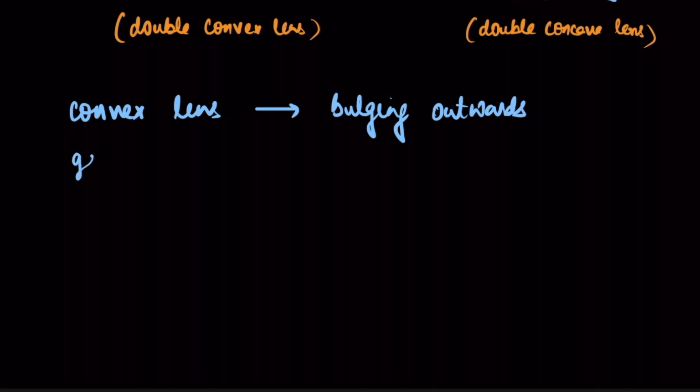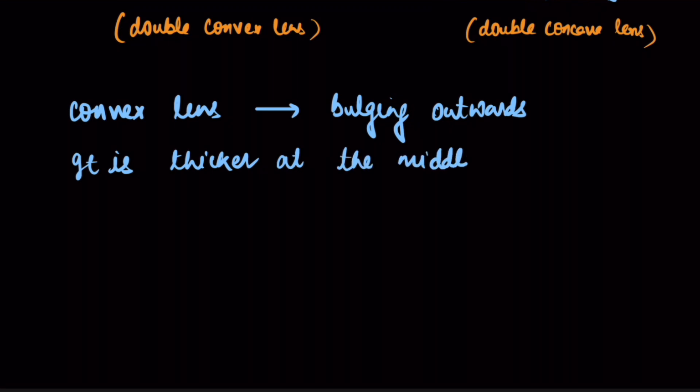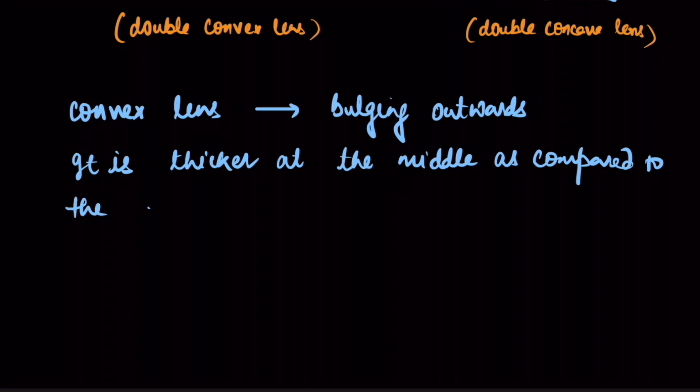It is thicker at the middle as compared to the edge. So that's why convex lenses are converging in nature.